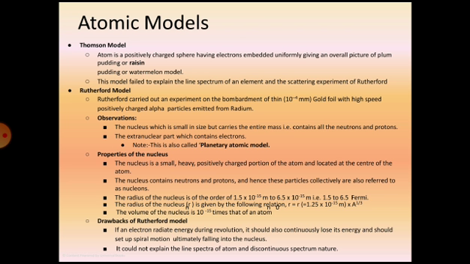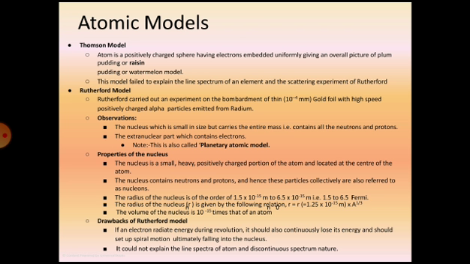What are the drawbacks? If an electron radiates energy during revolution: in the Rutherford model we learned that the electron revolves around the nucleus, but whether the electron radiates energy during that revolution or not cannot be explained by the Rutherford model.